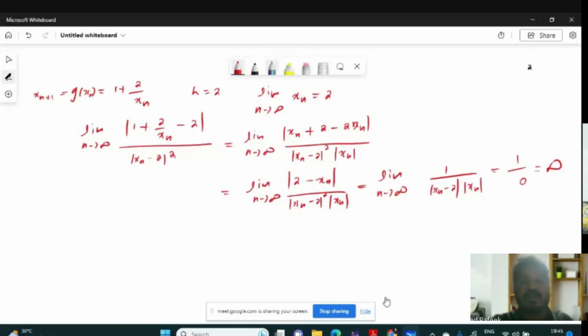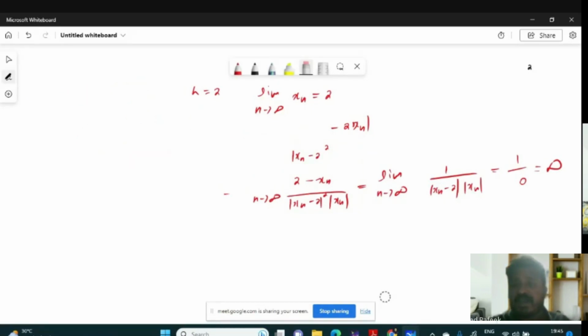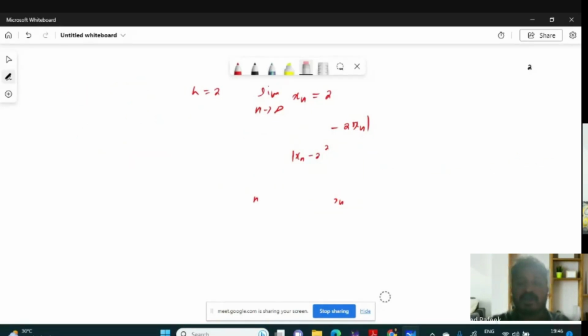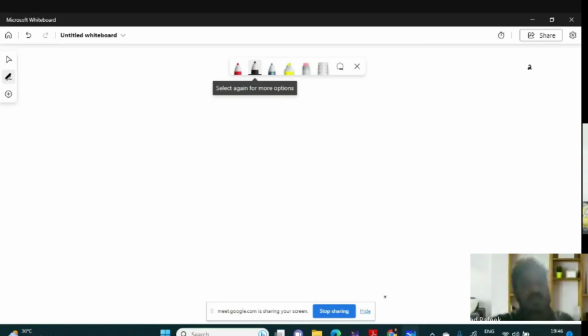Go with option 4. It should be correct. Okay, verify it. These are easy calculations with limit. Next. G of x, g of xn, that is xn plus 1, equal to xn square plus 2, the last option, over 2xn minus 1.